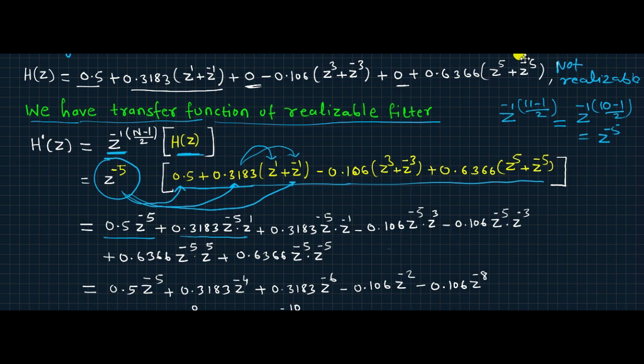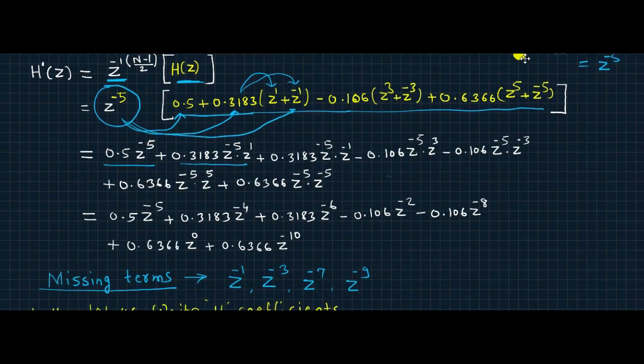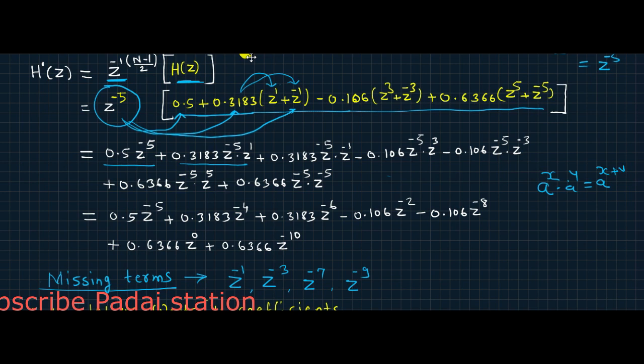Now what do we have to do? The next step is to use the rule a^x into a^y. Taking a^x into a^y, it is a^(x+y), the base being the same.